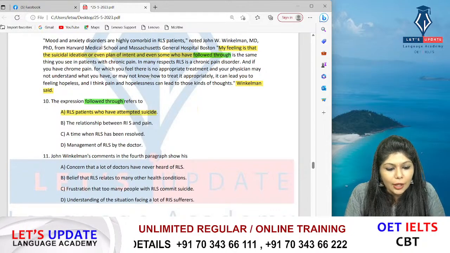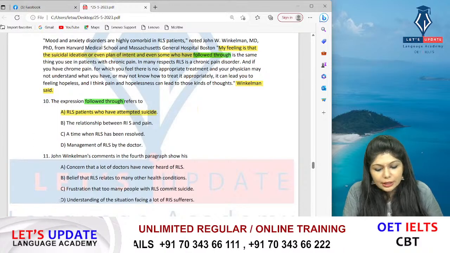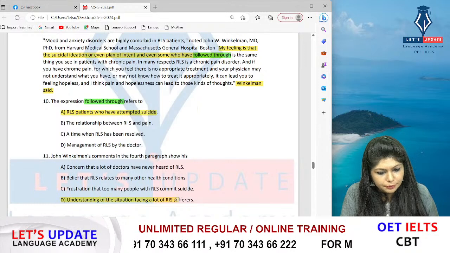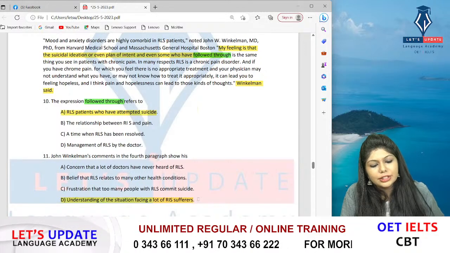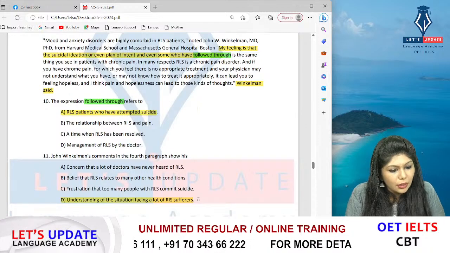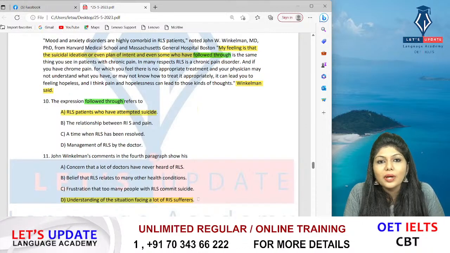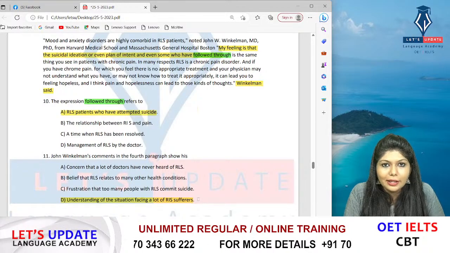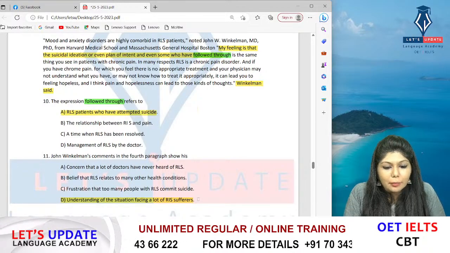Because of which the correct answer for this question is going to be D, understanding of the situation faced by a lot of RLS sufferers. Because he understands that, he is giving you this kind of statement.